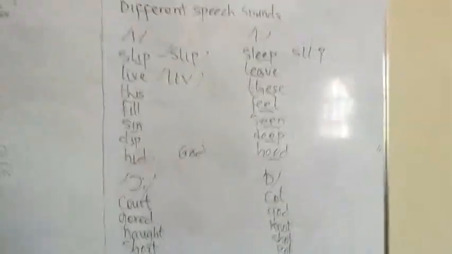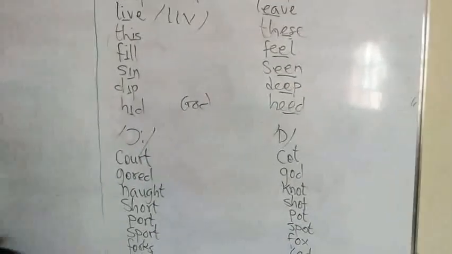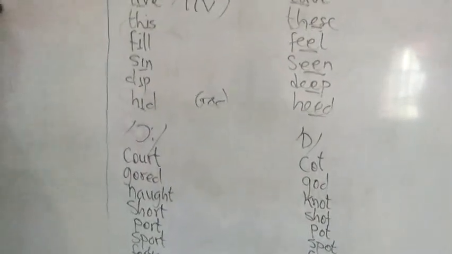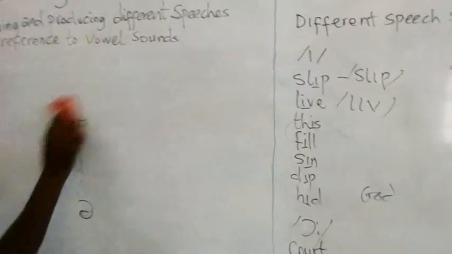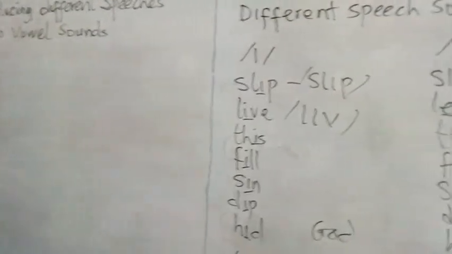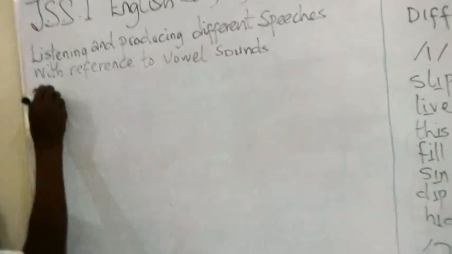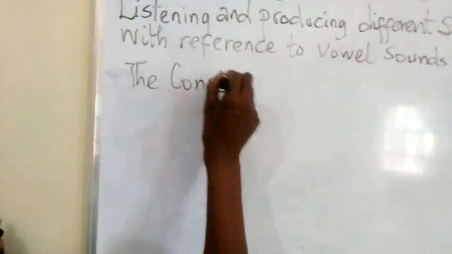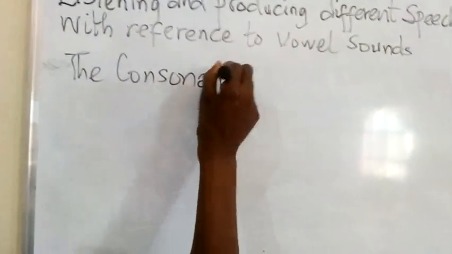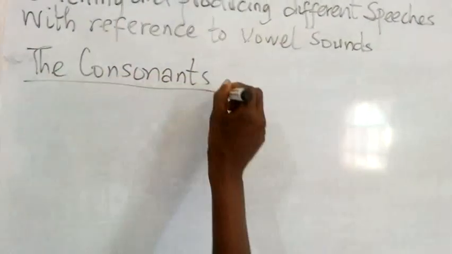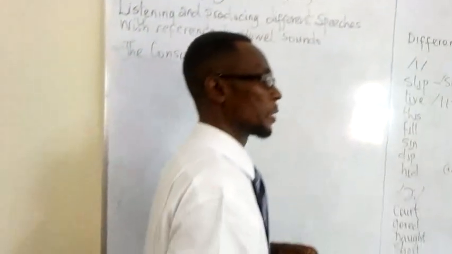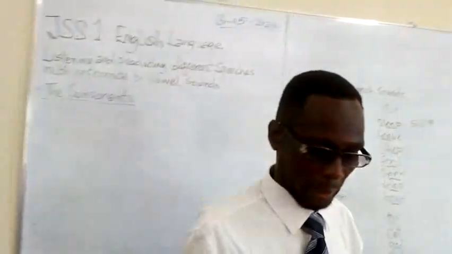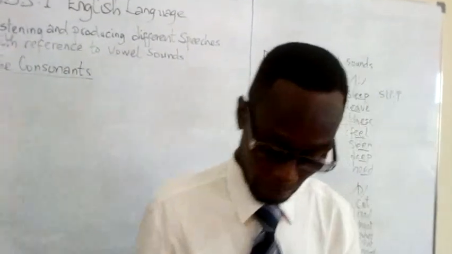All right, let's quickly go to the consonants. Remember I told you that we will talk about the consonants too here. So let's look at the consonants. Now we have 20 vowel sounds, but the consonants are 24 in number.